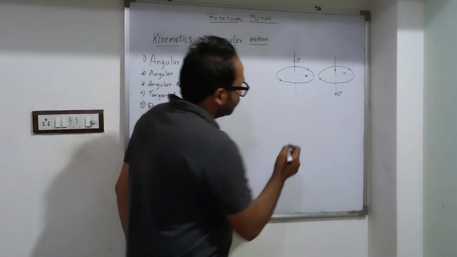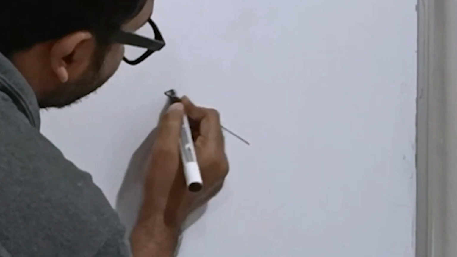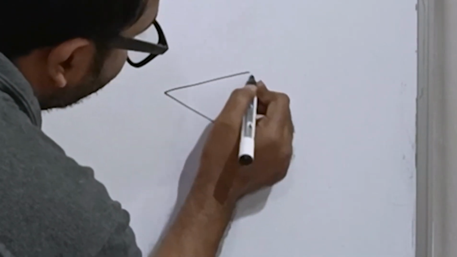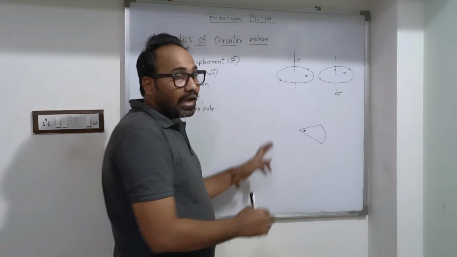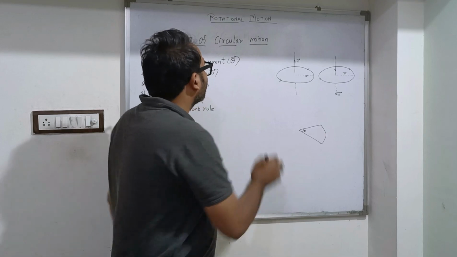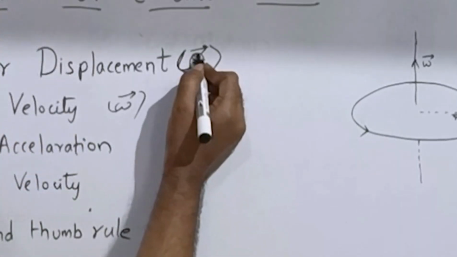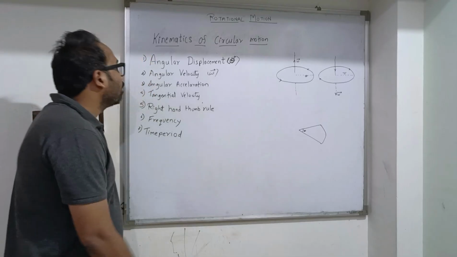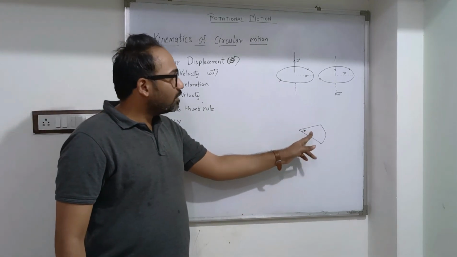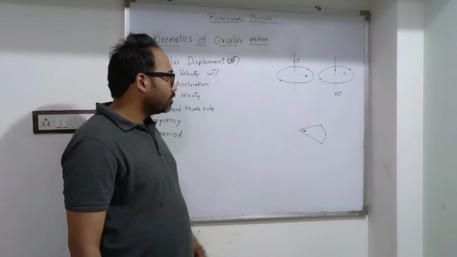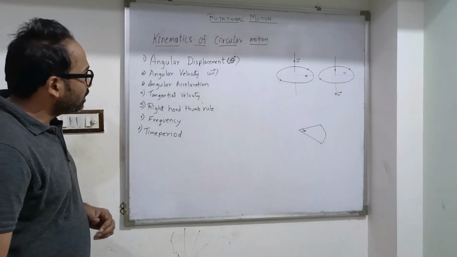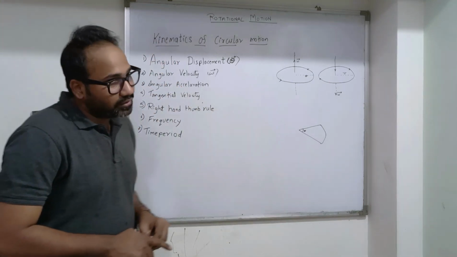So let's say a particle moves from here to here with respect to the center, this becomes the angular displacement. We call that theta. This is the measure of that angle from point A to point B with respect to the center. So that is angular displacement. Now what is angular velocity?